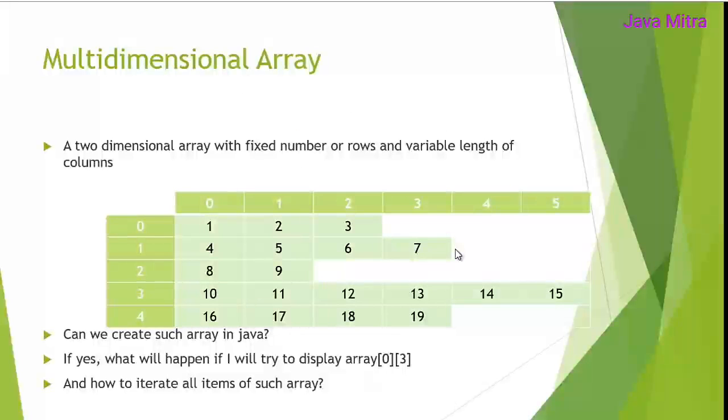Now I have a question for you all. Can we create such a type of array where the number of rows is fixed at 4 but the number of columns is variable? Like in the 0th row I have only 3 columns, in the 1st row I have only 4 columns, in the 2nd row I have only 2 elements, on the 3rd I have 6 elements, and on the last row I have only 4 elements.